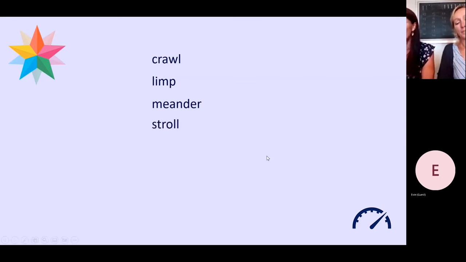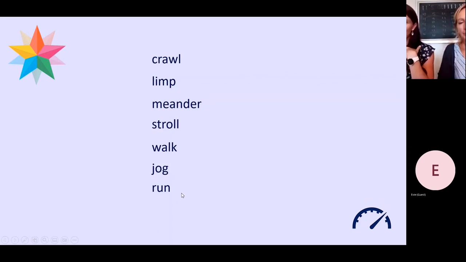And then a stroll, you might go for a stroll. I think if someone said to me, oh, Liz, would you like to meet for a stroll? I wouldn't expect a really fast walk. No. It's a leisurely walk. And then just walk. Jog. So now we're starting to go a bit faster, aren't we? Because we're running, we're jogging. Run. So a jog is a slow type of run, and then a run.